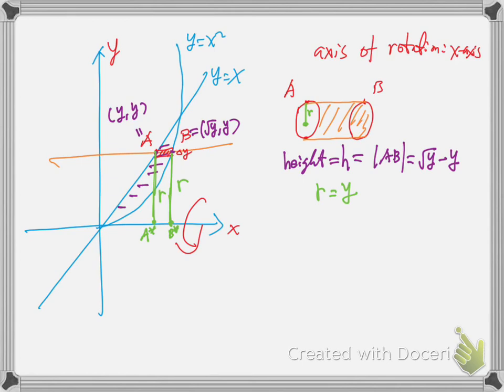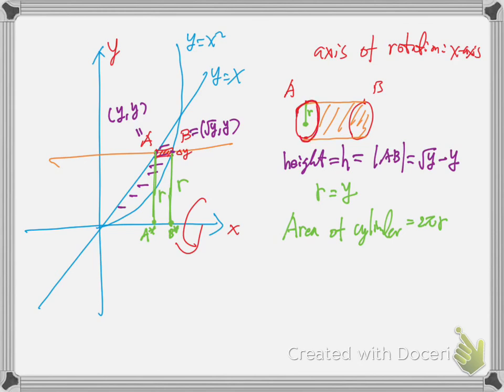Now the area of the cylinder is 2 pi r times h. So 2 pi r is the length of the red circle here.